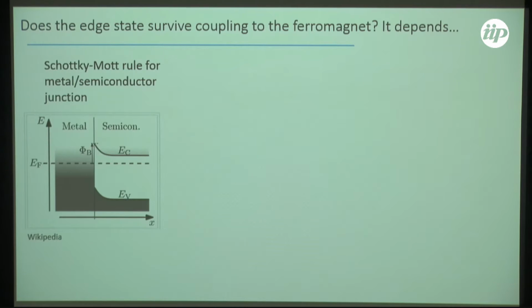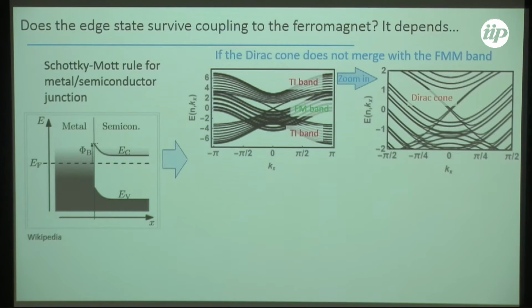When you put a semiconductor together with a metal, the chemical potential of each of them will have to be shifted at the interface. The reason is that you have to align the work functions of these two materials in order for them to make contact with each other.